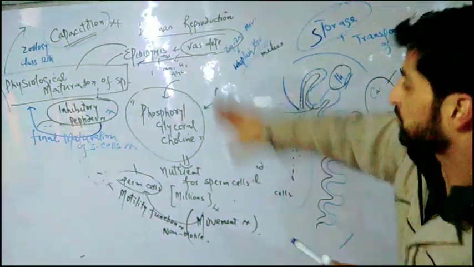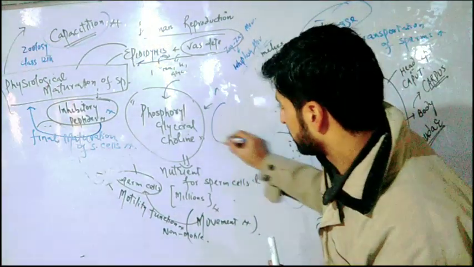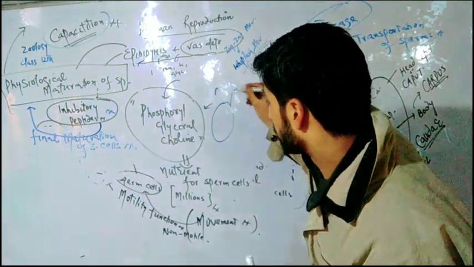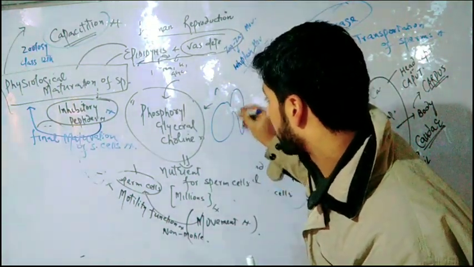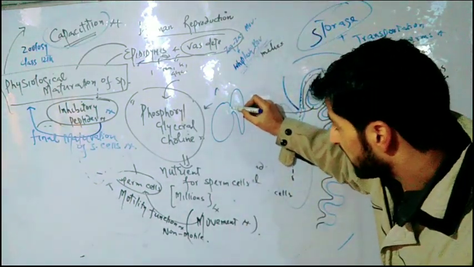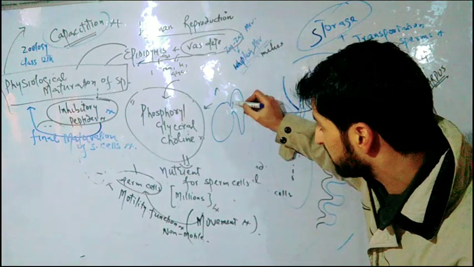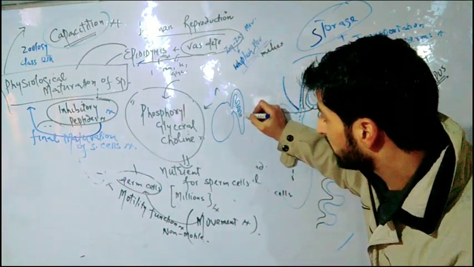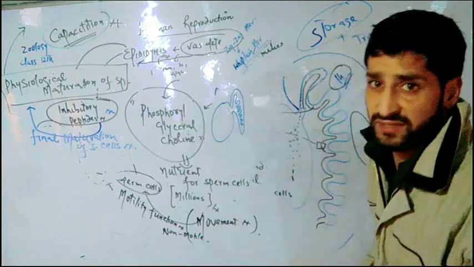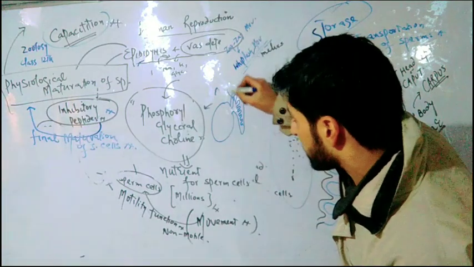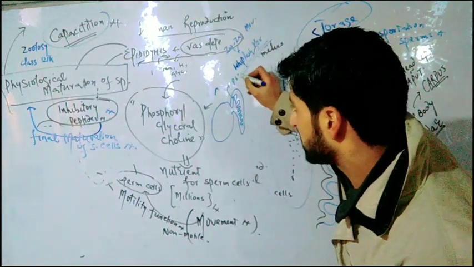testicle has a special structure attached at the posterior end. That structure you call epididymis. This epididymis is actually made of a highly coiled tubular structure. The wall of this tube is made of pseudostratified epithelium.